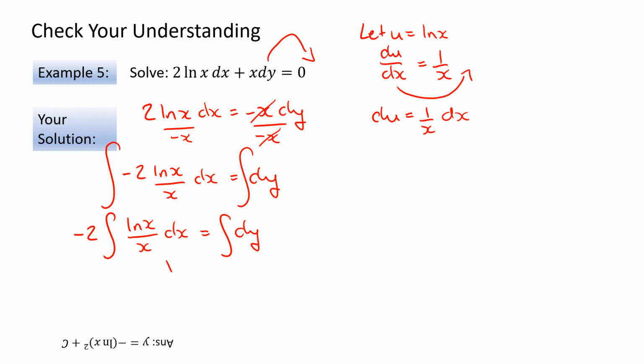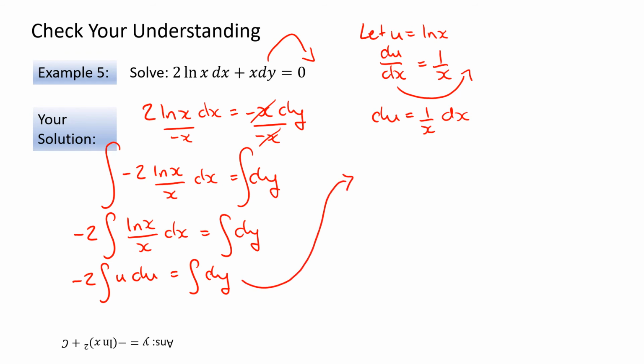So you'll see that it's going to cancel out that 1 over x term. What we end up with here is negative 2 times the integral of just u times du. And that's equal to the integral of dy.